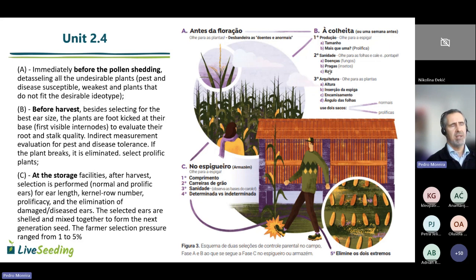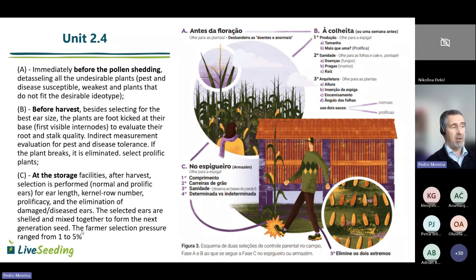But again, these are the traits, some of the descriptions that also make a methodology for key traits, for the next agronomic traits that you want to be present in your crop. At storage level, we have the elimination of damaged ears, diseased ears, and we try to get a selection pressure of about 1 to 5%. That's important.